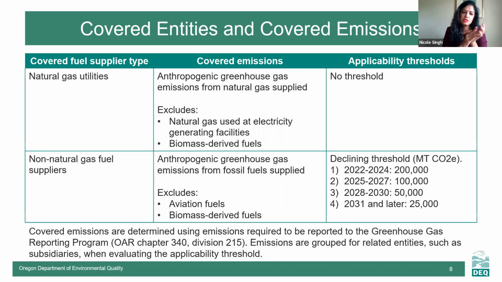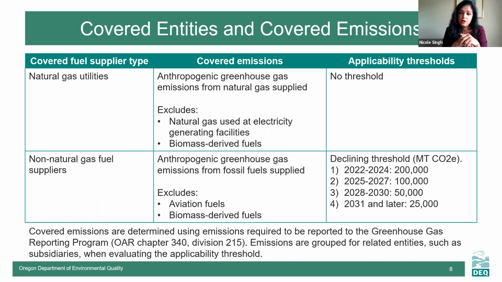Next slide, please. I won't spend too much time on this. As you all know, all our natural gas utilities are covered. The covered emissions are anthropogenic greenhouse gas emissions from natural gas supplied. All our natural gas utilities are covered under the program, and there is no threshold. For our non-natural gas fuel suppliers, there is a threshold, and it declines over time.